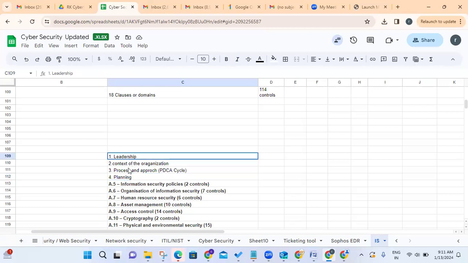These first four controls will be handled by our senior management, authority team or board of directors, nothing but higher officials like directors of the company, vice presidents, presidents, and CEO, CTO, CISO. All those fall under the leadership team. From the ISMS side also, in each and every team we have to gather one member as an ISMS member, and year on year we have to educate all the employees.